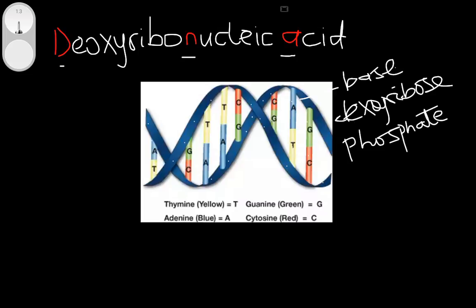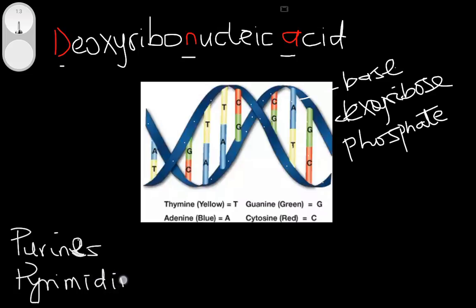The first type is the purines, and the second type is the pyrimidines. Let's look at the purines we see in DNA.